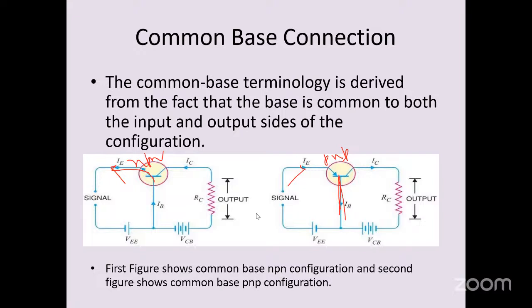Here a signal is there. Signal means you can see the circuit. How do you connect this? A signal is there. Signal means AC. Fluctuations are there. Input AC, whenever AC is connected into the circuit, there are up and down fluctuations.